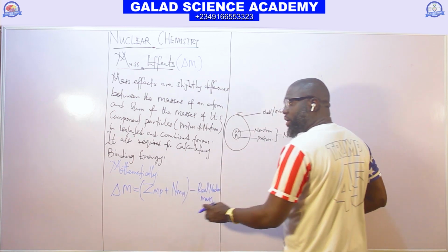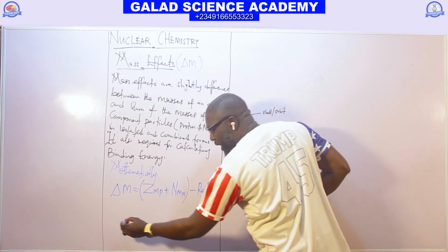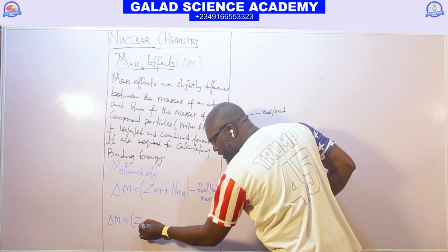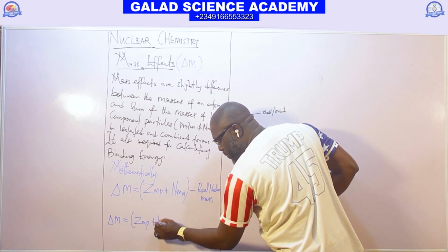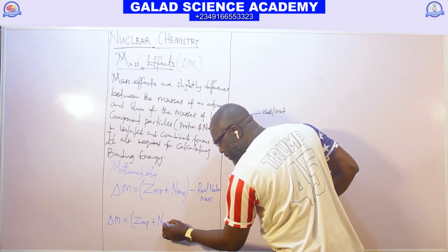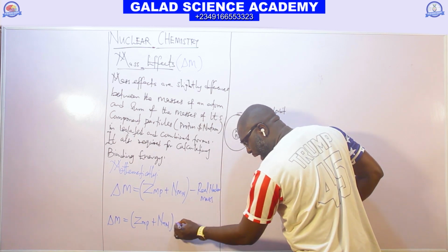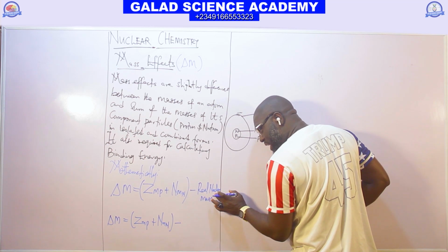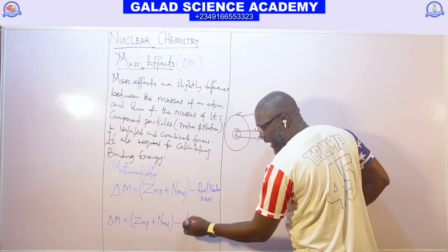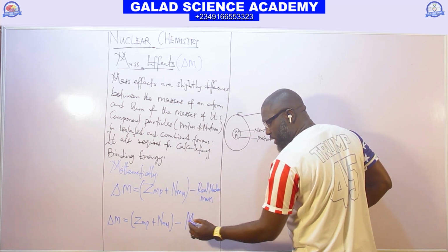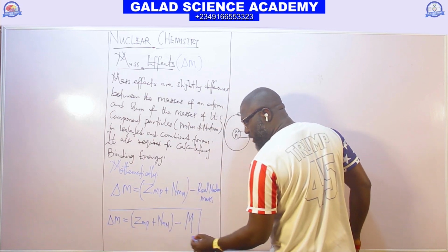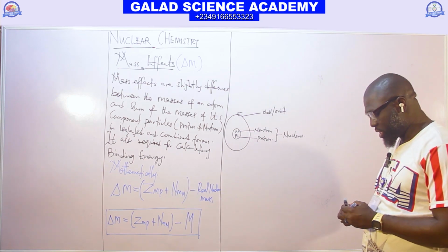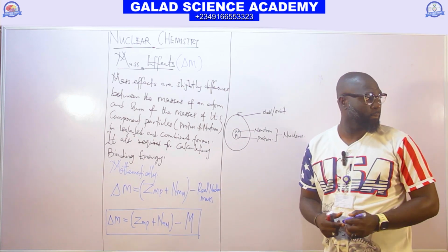This is the formula for mass defect. You can also write it in this form: ΔM = ZMp + NMn minus the real nuclear mass, capital letter M. So if you are asked to find the mass defect, you can apply this formula.